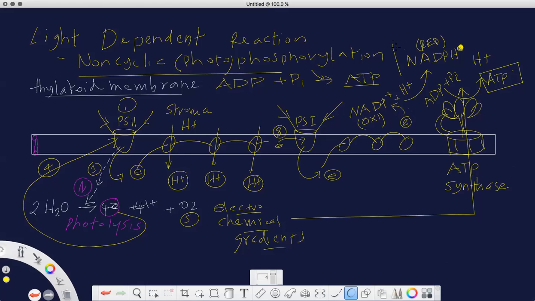The second one is an NADPH molecule, and the other one is an oxygen molecule. Somehow oxygen is released from the cells, and it is not used by the system or the plants. So they can only use these energy molecules. ATP has energy, the NADPH has energy.